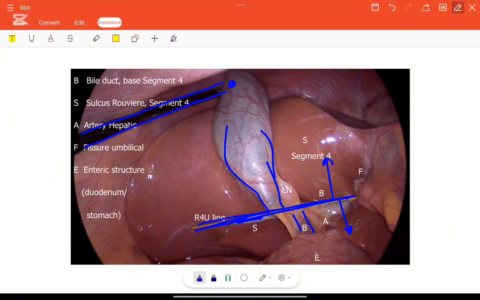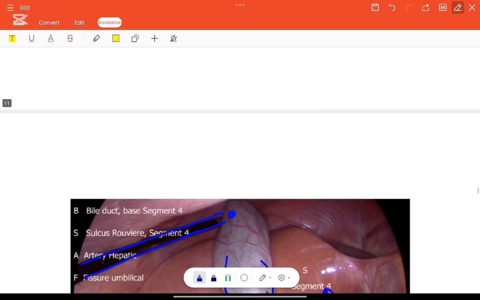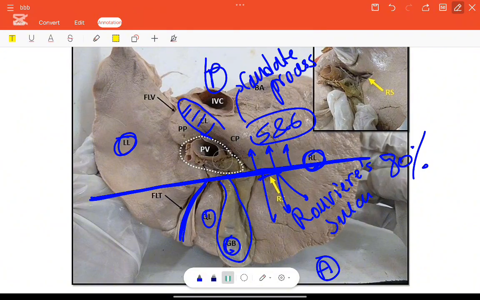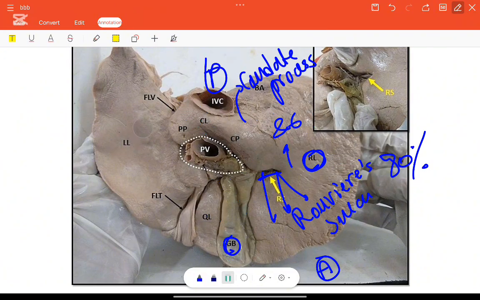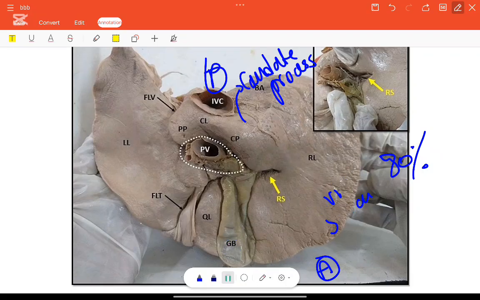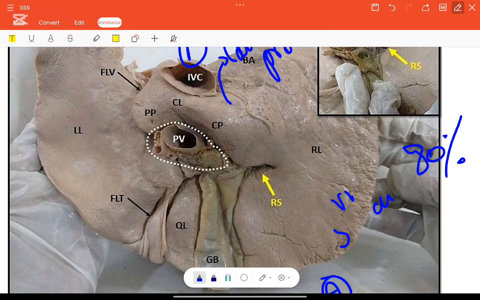Does it contain anything anatomically? Yes. This Rouviere's sulcus contains a branch from the portal vein called the right portal vein. If we move to this cadaveric dissection, the portal vein gives the right portal branch that goes to the right side of the liver.